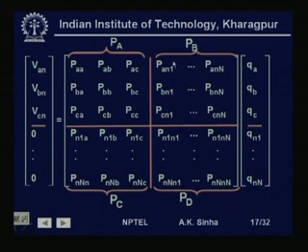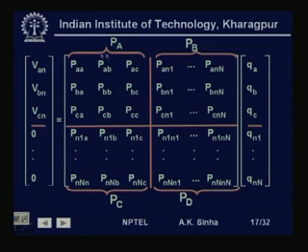P b is going to be a 3 by n matrix, P c is n rows and 3 columns, that is an n by 3 matrix, and P d is n rows and n columns, that is an n by n matrix for all the ground conductors.